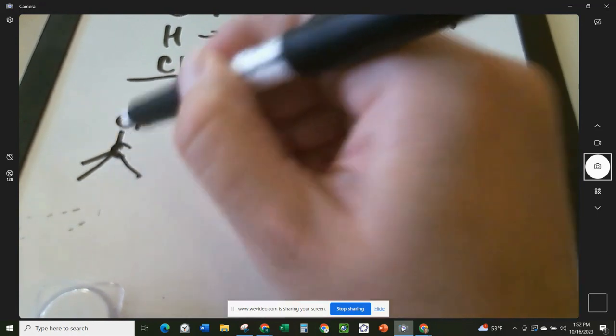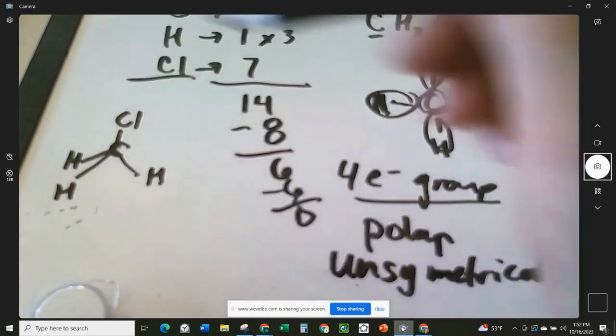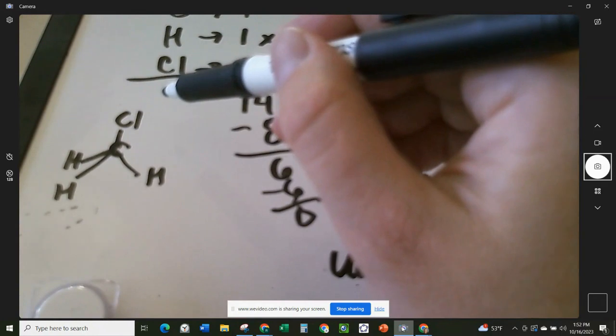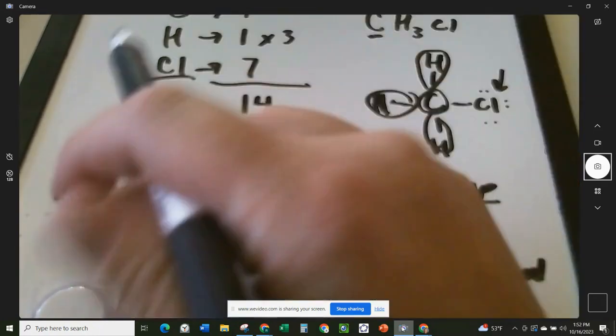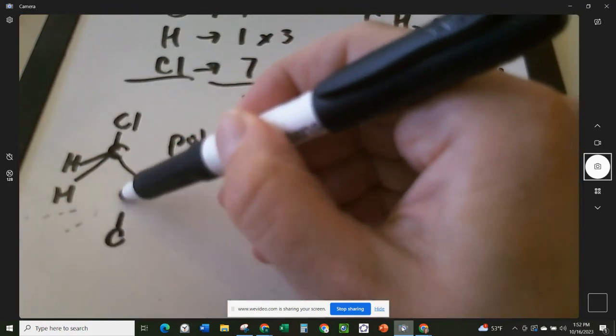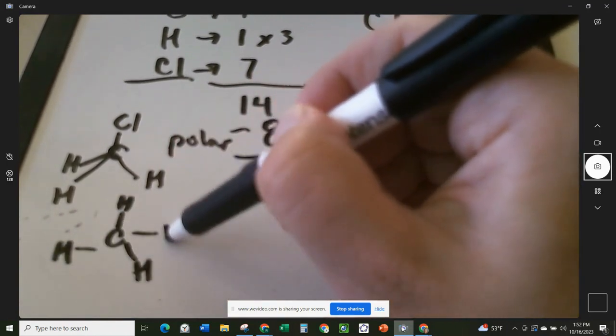So our carbon is in the middle. We have these hydrogens. Okay. And because it's unsymmetrical, we have one side that looks different. That's going to be polar. Okay, if we had 4 identical groups, so imagine they were all hydrogens or all fluorines or all chlorines.